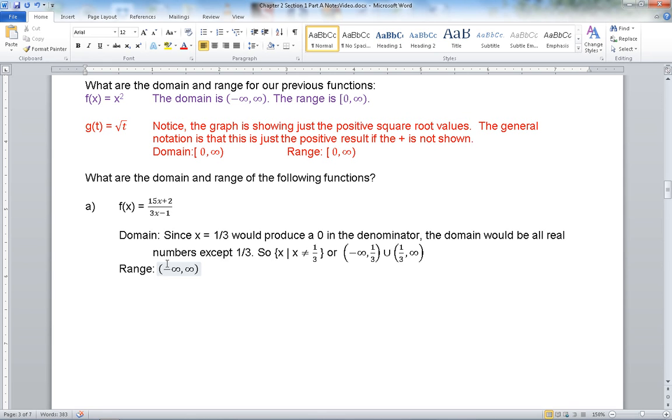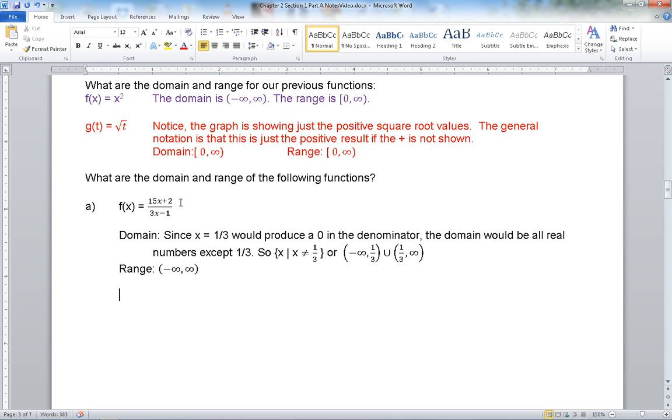If you put in values such as 1 million, you'd have 15,000,002 over 3 million minus 1, so you're going to get a large but positive number. So the range of the function looks like it's going to be all real numbers.